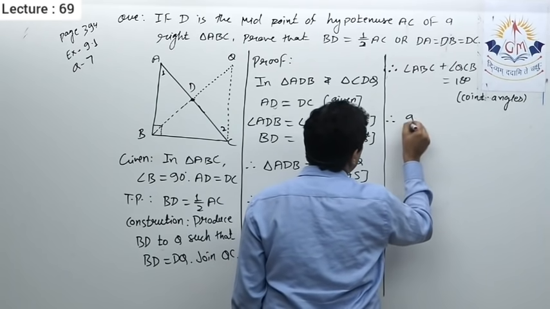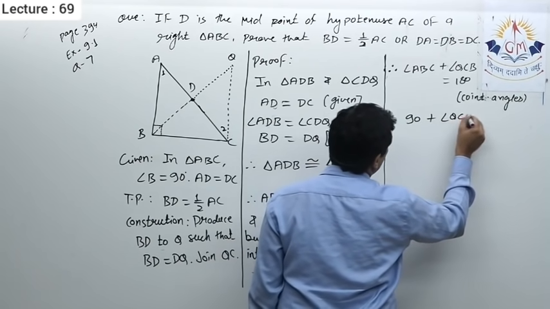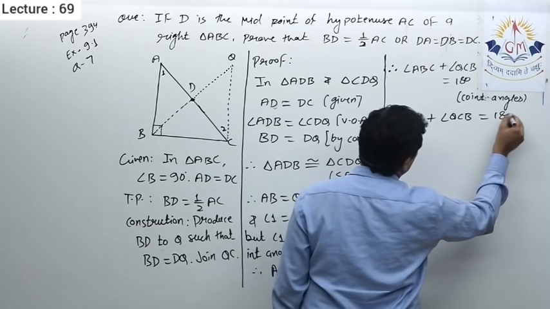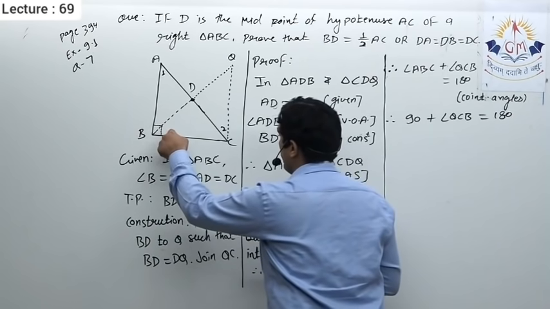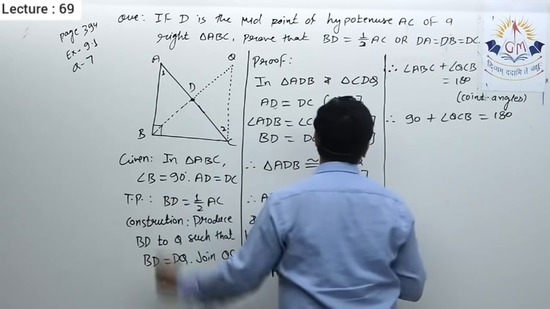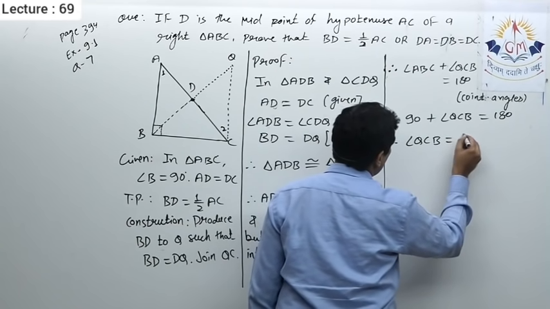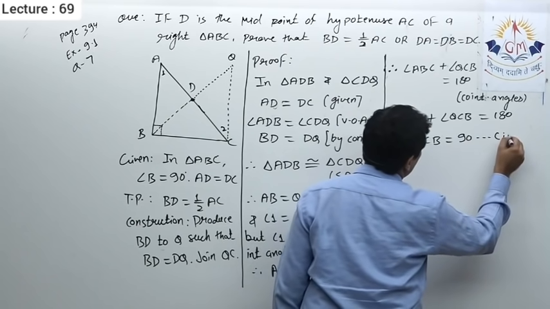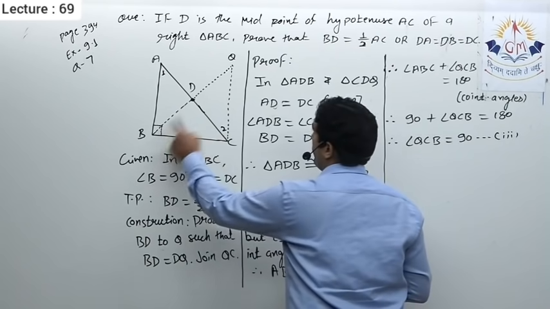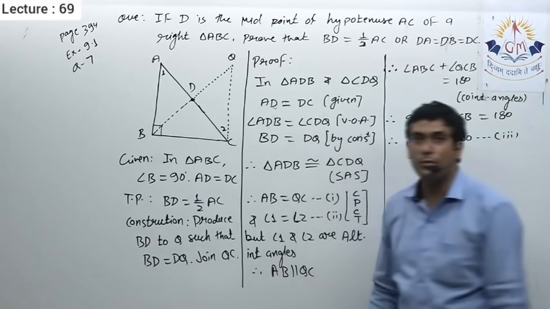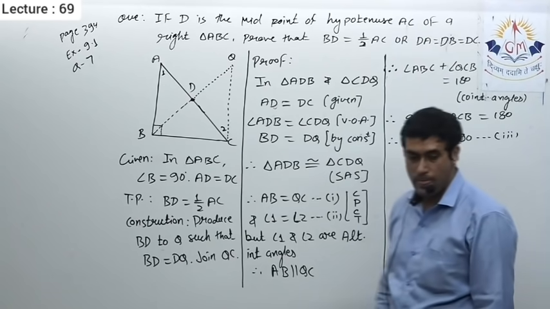Therefore 90 plus angle QCB is equal to 180 degrees, because angle ABC equals 90 degrees, that is given. Therefore angle QCB is equal to 90 degrees. Let this be the third one. So here we got the measure of angle QCB equal to 90 degrees.